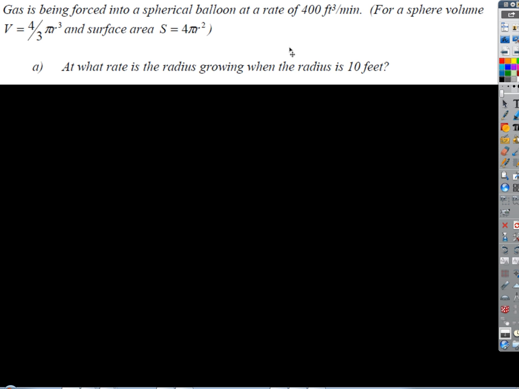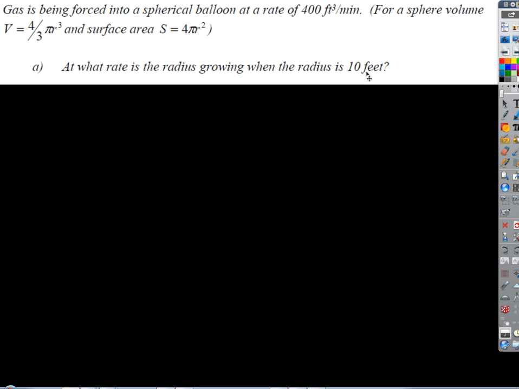So we're interested in one frame of a movie here, aren't we? Because this is something that's not static, it's dynamic, it's changing. We're filming a balloon expanding as air is added to it, and we're looking at the frame in the movie where r is 10. So that's one thing that we know right there. What else do we know?